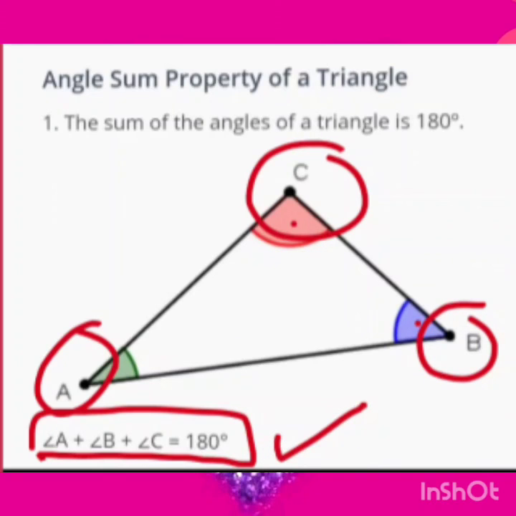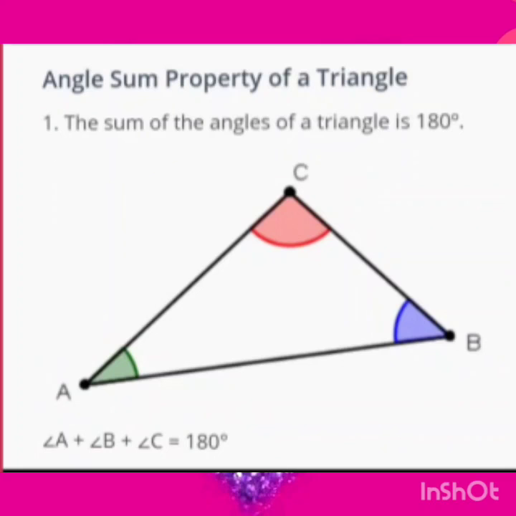Their sum is neither less than 180 nor greater than 180, but it must be 180 degree. This property of a triangle is known as the angle sum property of a triangle. We are well aware of this property.